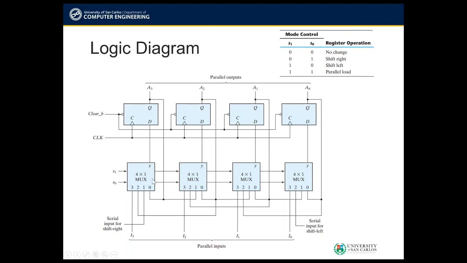The number of 4x1 multiplexers depends on the number of D flip-flops, so since we are designing a 4-bit shift register, it is natural to have 4 muxes as well. And take note that the multiplexers are connected directly to the D inputs because the selection is done in the multiplexers, and after the selection of operation, the output is directly fed to the D inputs. Now for the solution, let's switch to the whiteboard.